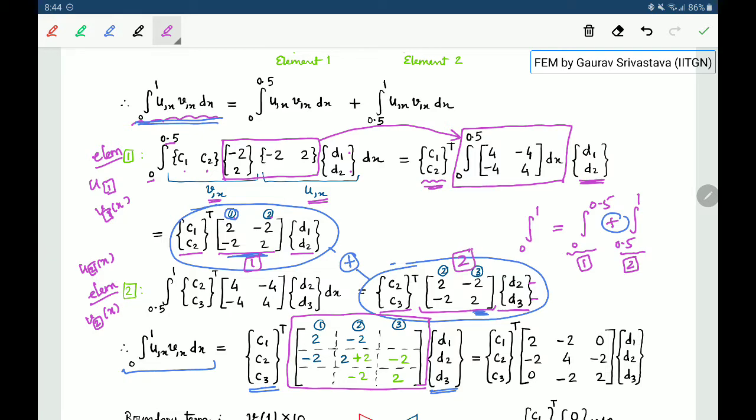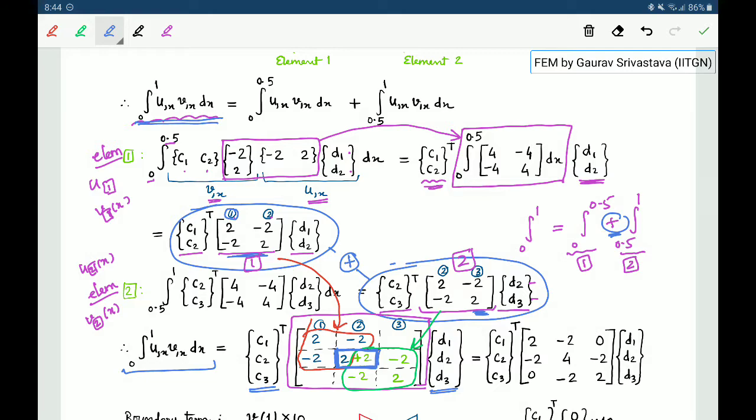If you look, the top block is coming from element 1, and the bottom block is coming from element 2, and wherever we have numbers coming from both elements, these are being added up, because we are computing a definite integral by subdividing it into multiple domains.